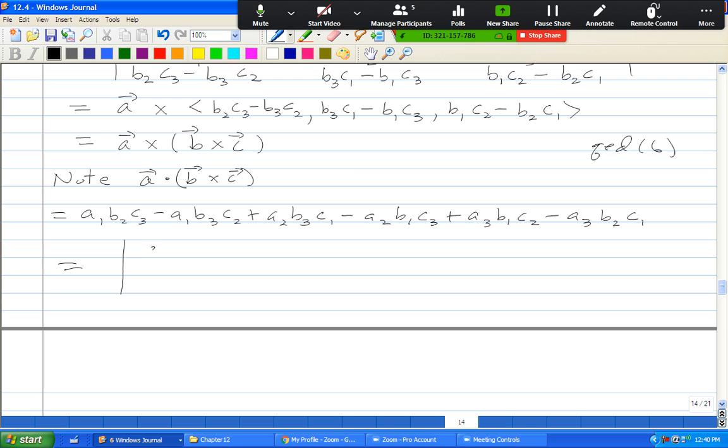So this is just equal to the determinant with rows A1, A2, A3, B1, B2, B3, C1, C2, C3.